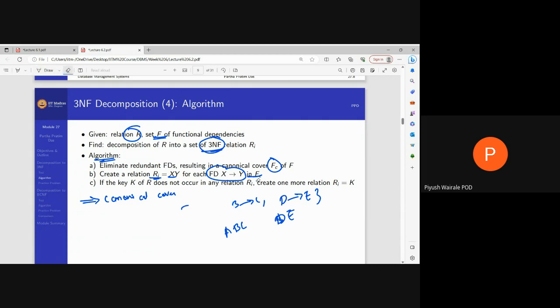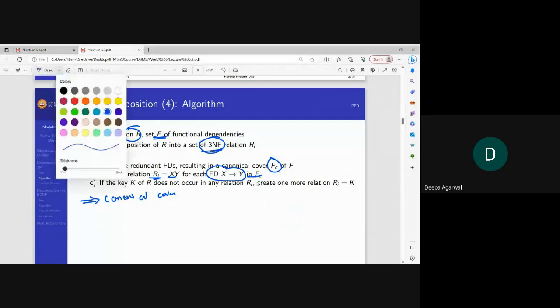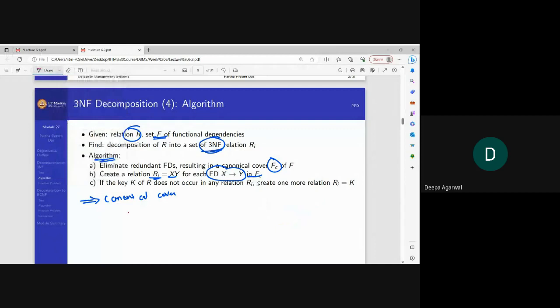Anyone know how to find out canonical, minimum cover? Yes, tell me. Sir, first, all the attributes on the right side we have to write singly, like A determines CD, we have to write A determines C and A determines D. Right.